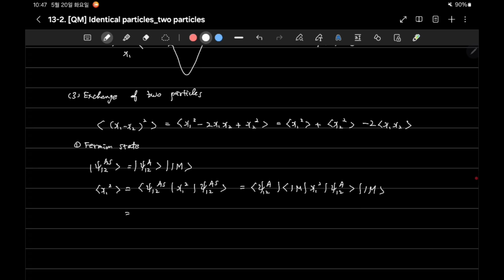We can write psi 1 2 antisymmetric, x1 square, and psi 1 2 antisymmetric in the spatial part expectation. The spin part is normalized.